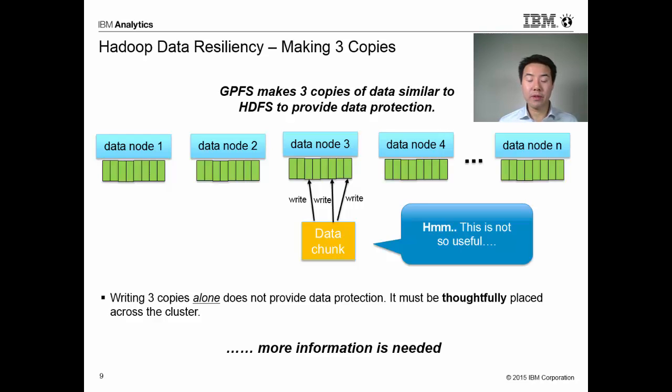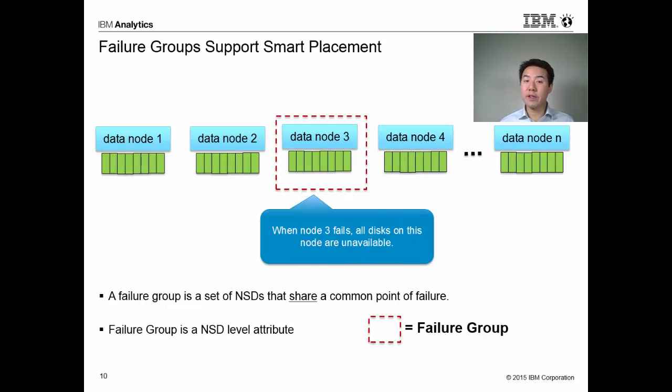How can we do better? What we really want to do is make those 3 copies across 3 different nodes. And so GPFS has a mechanism for supporting this. GPFS again has a very disk-oriented view of the world. How does it go about making sure that those 3 writes are written across different nodes? For that, we introduced the term failure group.